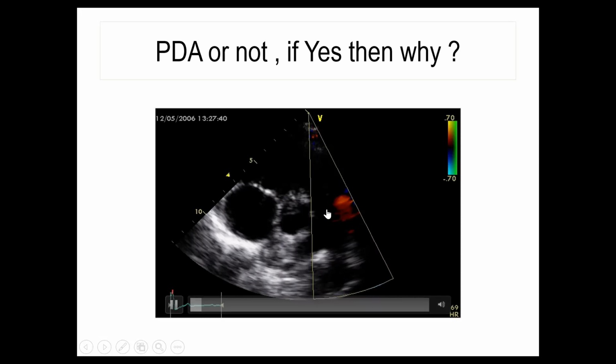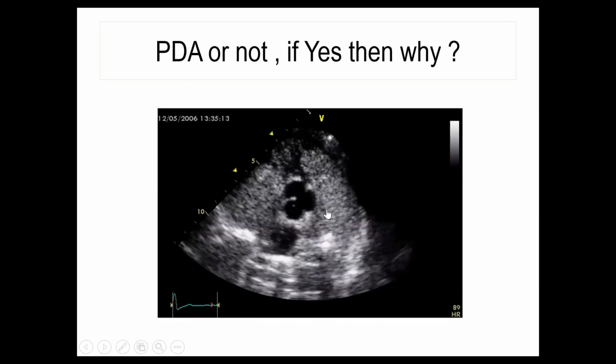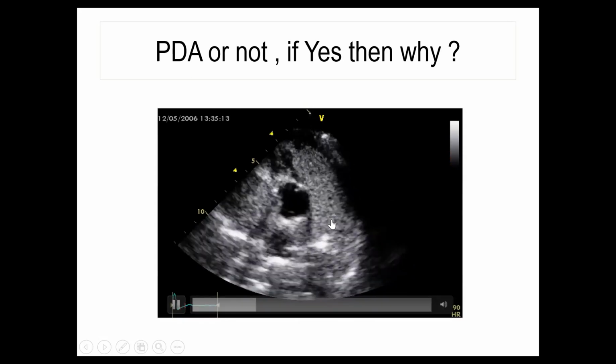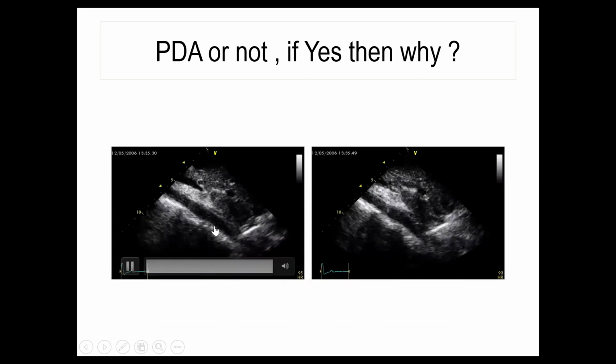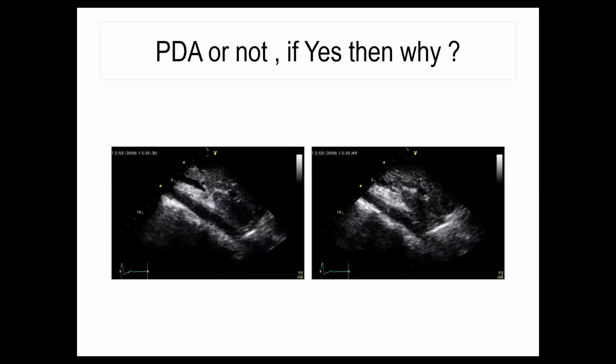This is proved by giving a contrast to the right arm, and this contrast has opacified the descending aorta. So this is PDA with reversal of flow, which is Eisenmenger syndrome. If the same happens in PDA or VSD or in atrial septal defect, that's what Eisenmenger syndromes are.